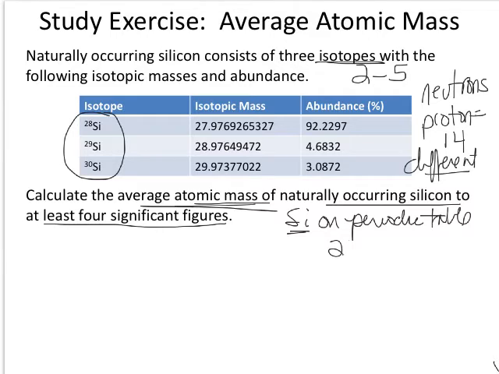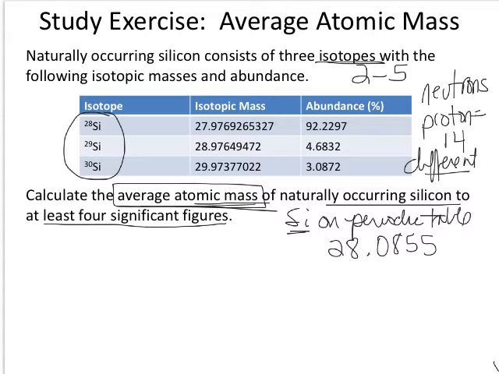You see it's 28.0855. Okay? So what that means, to be able to report one mass on the periodic table, the average atomic mass of naturally occurring silicon is what's actually reported. And this exercise teaches you how to calculate it.